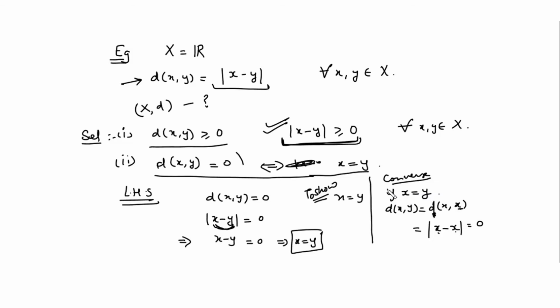So if x is equal to y, d of x y is 0. So that means the second property also holds. If d of x y is 0, this implies that x is equal to y, and if x is equal to y, then this implies that d of x y is 0. So the second property holds. Clear?